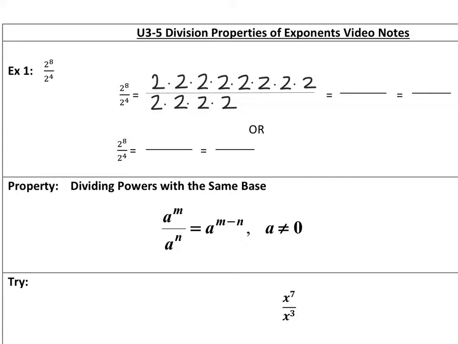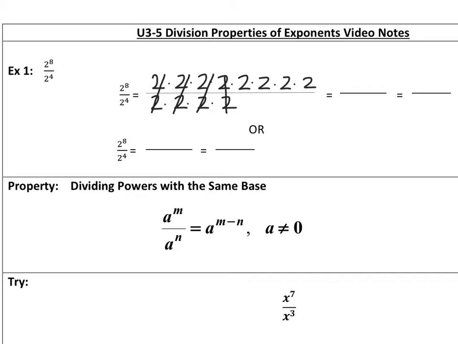If we divide, we're going to look for ones that cancel. I want to match a 2 on the top with a 2 on the bottom. These two cancel, 2 divided by 2 is 1. These two cancel, again 2 divided by 2 is 1. These two cancel out, and these two cancel out. Really what we're doing is just 2 divided by 2, 2 divided by 2, 2 divided by 2.